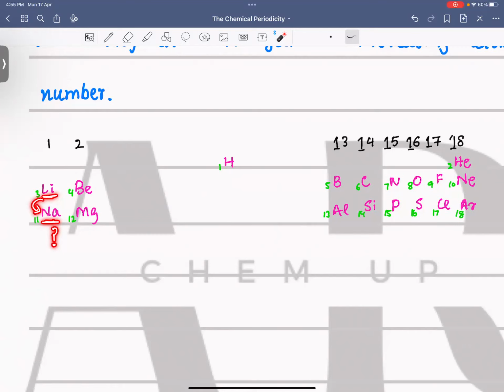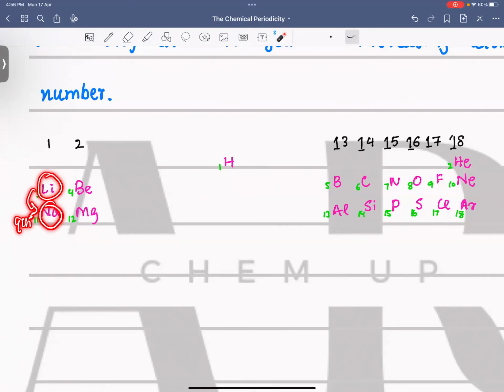I am asking, if you start from lithium, at what position is sodium present? 11th is from the start, but if you start from lithium, lithium will be first, second, third, fourth, fifth, sixth, seventh, eighth, and ninth. From lithium, sodium is at the ninth position, right? Is this understandable to everyone?